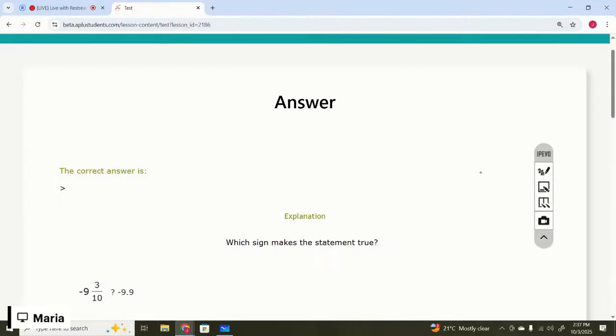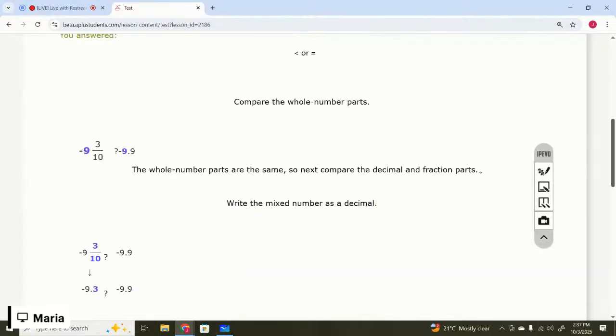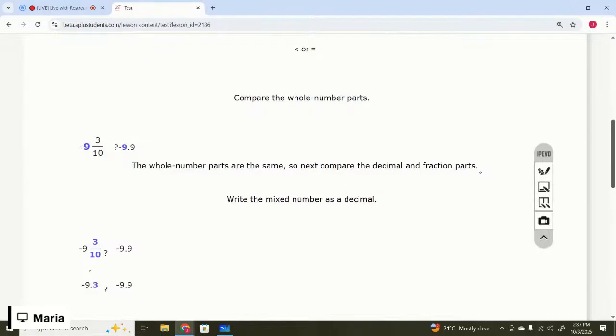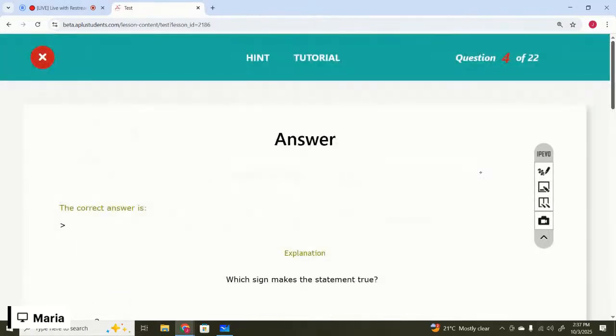Negative 9 whole 3 by 10 is greater than negative 9.9.